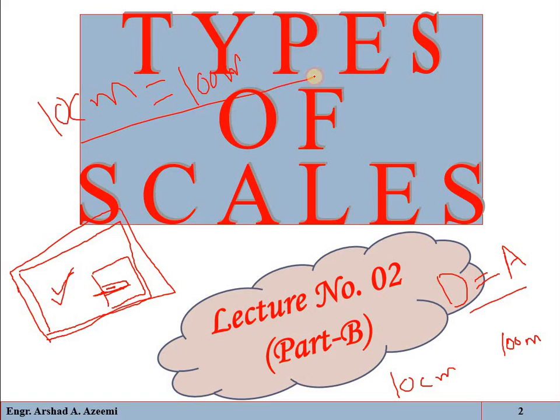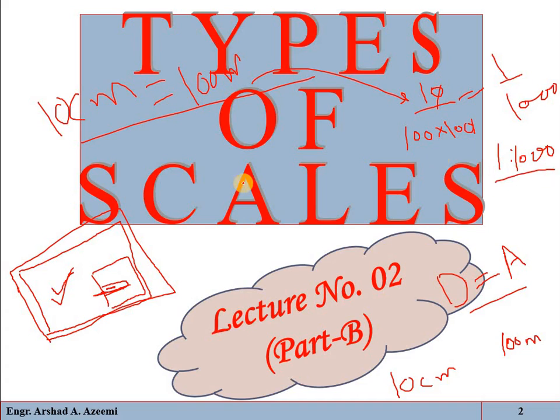We can also represent it as a representative fraction. For example, in 1 meter we have 100 centimeter, so the representative fraction will be 1/1000, or it can be written as 1:1000. So these two are the numerical or analytical representations of scale.